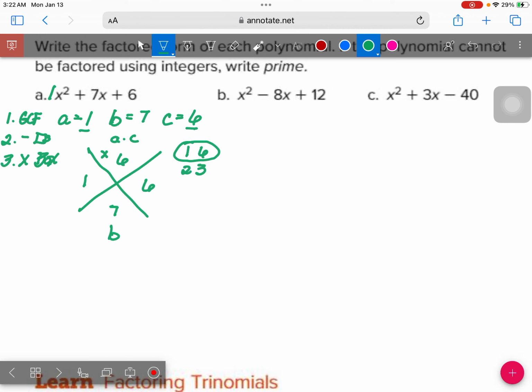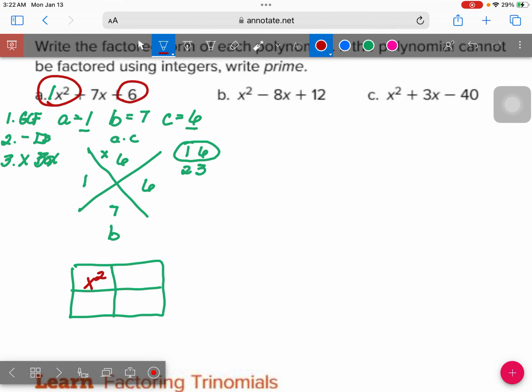All right, so we're going to do the x box down here. The first box is the first term. The last box is the constant, or the last term. And the two in the diagonal are the two numbers that you found, multiplied by whatever variable you have.